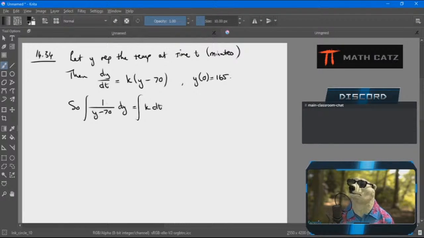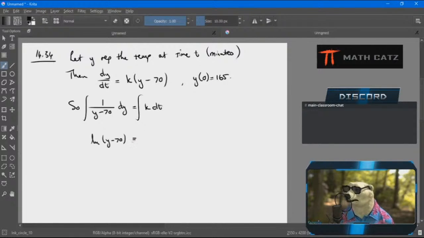Then this left side is a substitution, but it's so simple I can guess and check my way to it. To be more accurate here, I need absolute values, perhaps, but because in the cooling situation my temperature is always greater, we are just going to keep it as simple as possible to not get caught up in technicalities that eventually fix themselves.